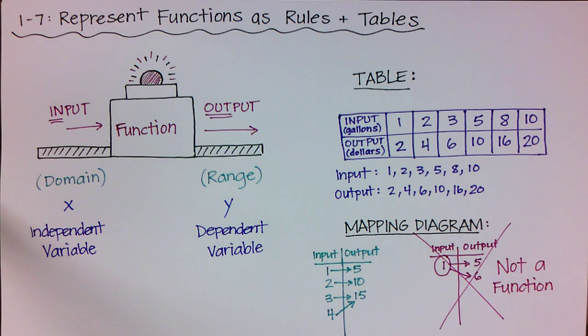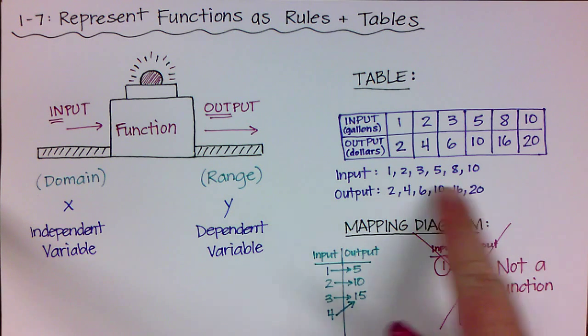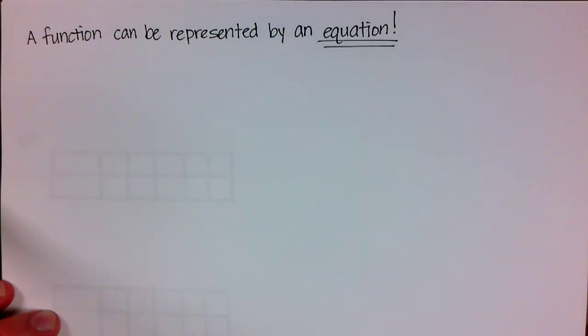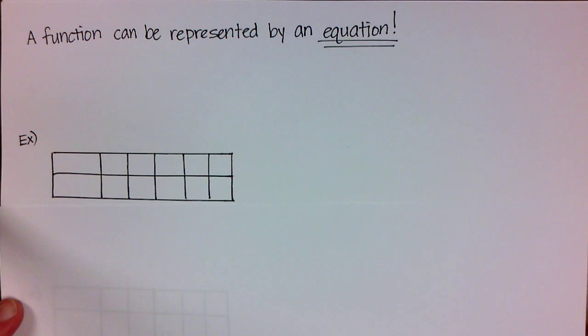Now, a function, as shown here, can be represented as a table or as a mapping diagram, but it can also be represented as an equation. If I'm given all of the information, I can try to relate that information to an equation. So I have right here a table.